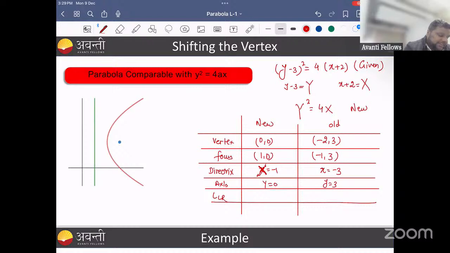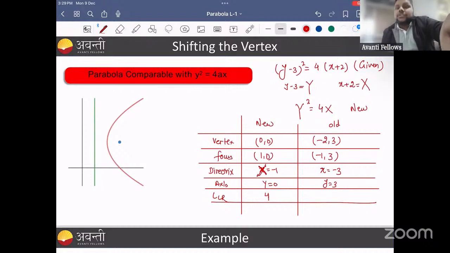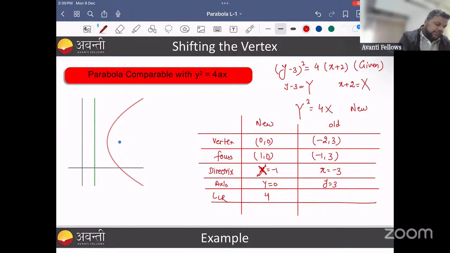Length of latus rectum is 4 here, 4 here. So length does not change even if I shift a parabola or rotate a parabola, only the coordinates change. Lengths do not change. So that means for the old parabola, latus rectum will still be 4. These are the main primary parameters for any conic that we need to evaluate, whether it is shifted or not shifted.